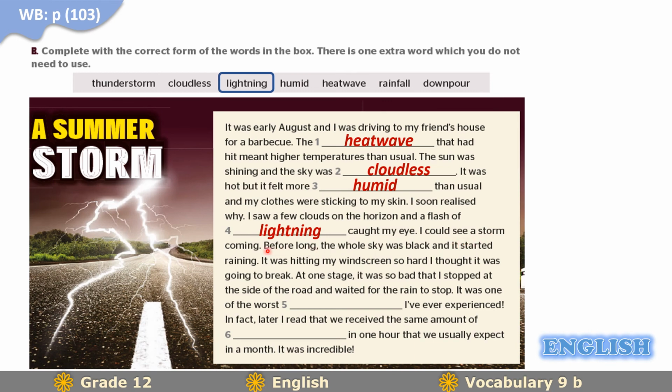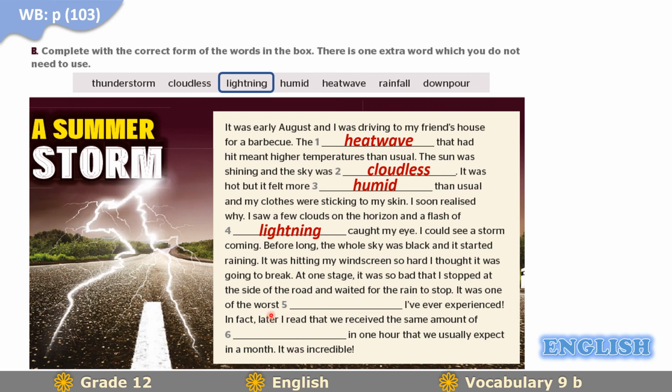I could see a storm coming. Before long, the whole sky was black and it started raining. It was hitting my windscreen so hard that I thought it was going to break. At one stage, it was so bad that I stopped at the side of the road and waited for the rain to stop.